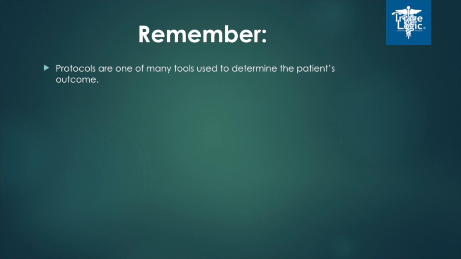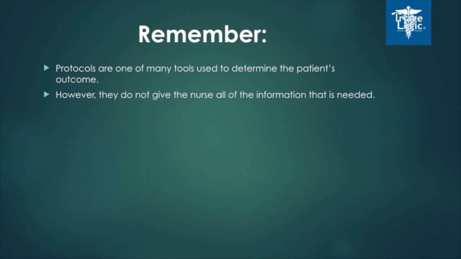We have covered a lot of information about protocols and how to get your patient to the right level of care. Remember, protocols are one of many tools a telephone triage nurse will use to determine her patient's outcome, but it does not give the nurse all of the information she will need.